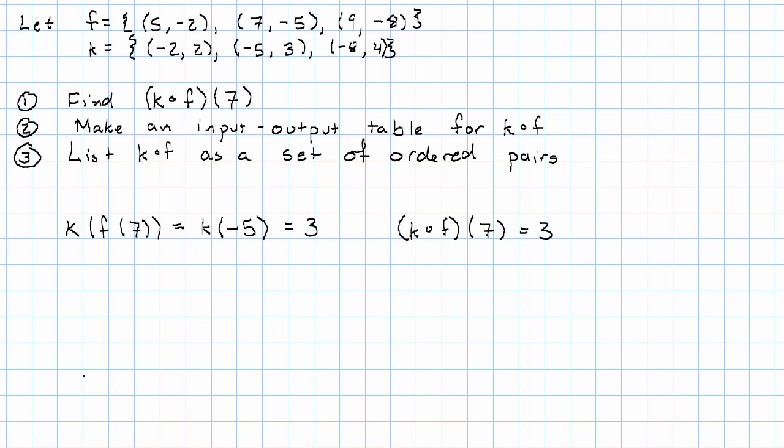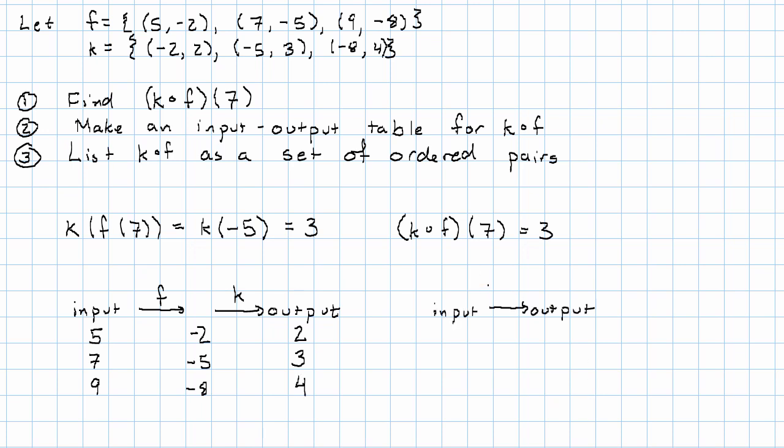To make the complete input-output table, k composed with f, that means first we'll do f and then we'll do k. So f takes 5 to negative 2, it takes 7 to negative 5, it takes 9 to negative 8. k takes negative 2 to 2, negative 5 to 3, negative 8 to 4.